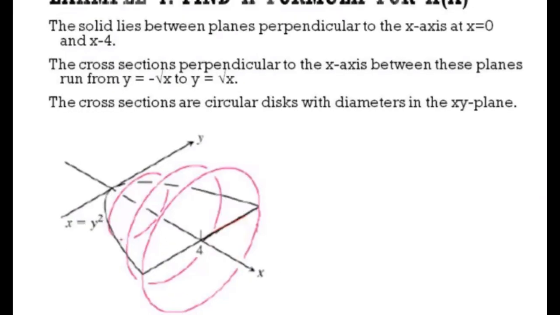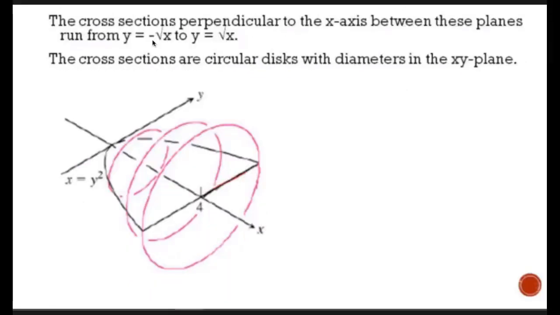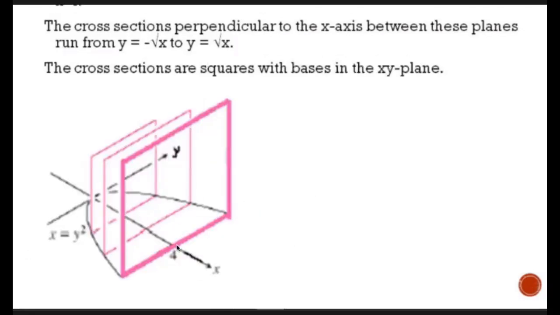This right here would represent the cross sections perpendicular to the x-axis with circular discs. So here's the parabolic curve, and there's your cross sections. That's very similar to what we are doing in this problem, except instead of circles, it's squares, and then it's rotated 90 degrees, so it's with respect to the y-axis instead of the x.